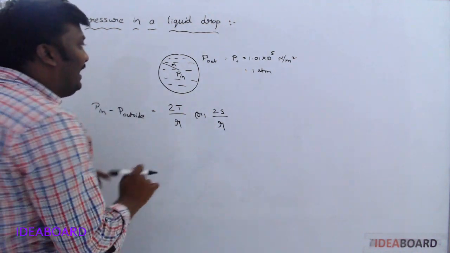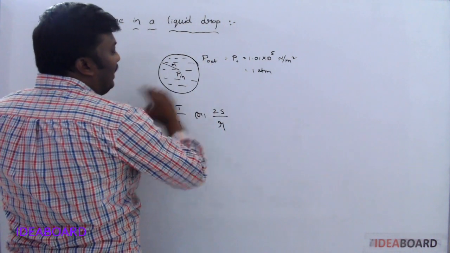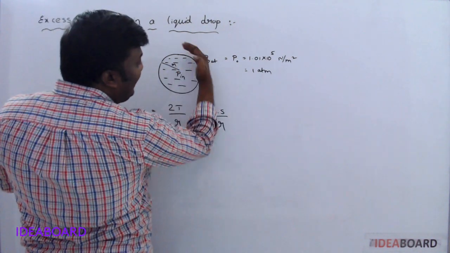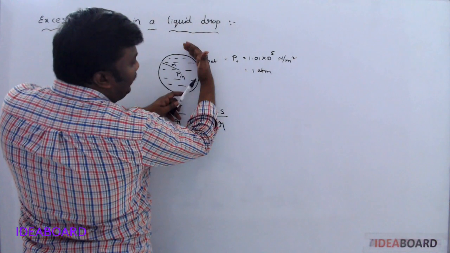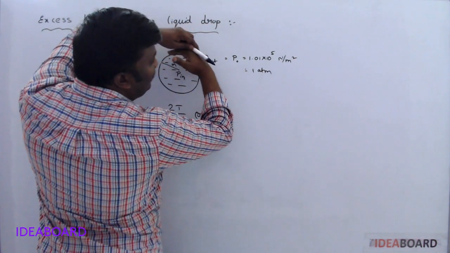Okay. Now let us see here. In this case, at this portion, the inside shape was concave and the outside shape was convex.